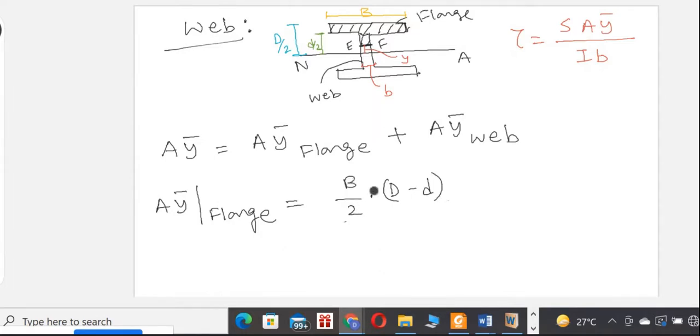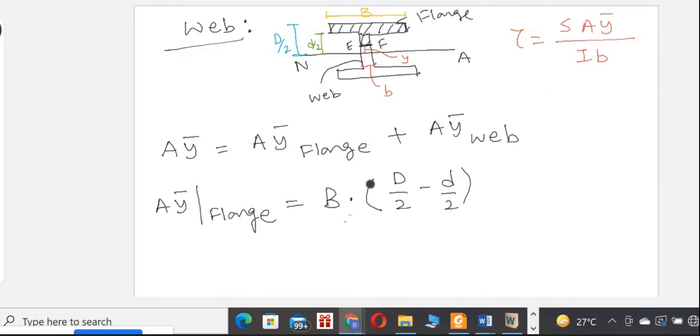But I understand you have done it, but this will cause a lot of confusion. That's why I was thinking, yes, you are right, but the appropriate way to write it is B into D by 2 minus d by 2, right? There will be no confusion in this. It will be very clear.